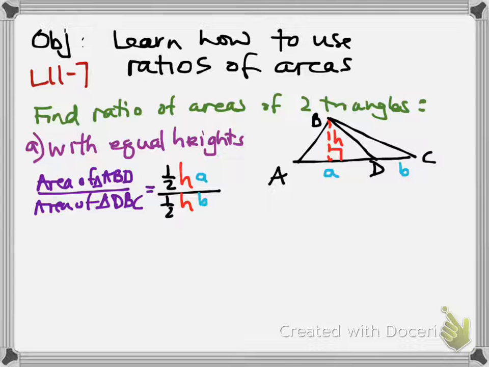So what you should notice is that the halves are the same and they cancel out. The h's are the same and they cancel out. And all that's left is a ratio of the bases. So in words, when you're asked to find the ratio of the areas of two triangles that have equal heights, what you're going to tell me is the ratio of its bases.